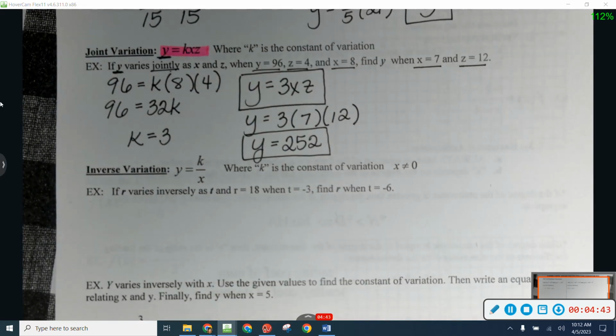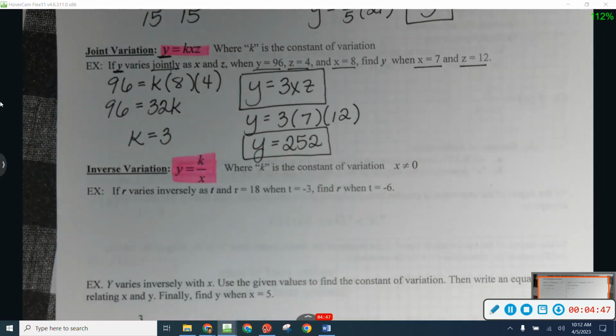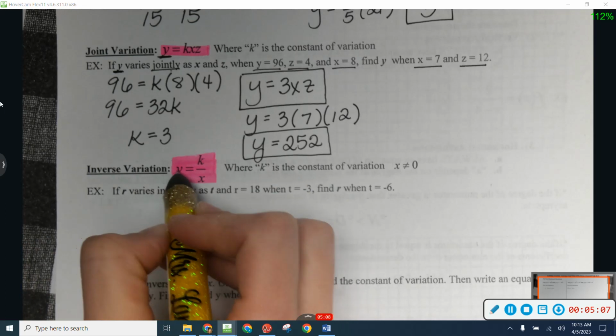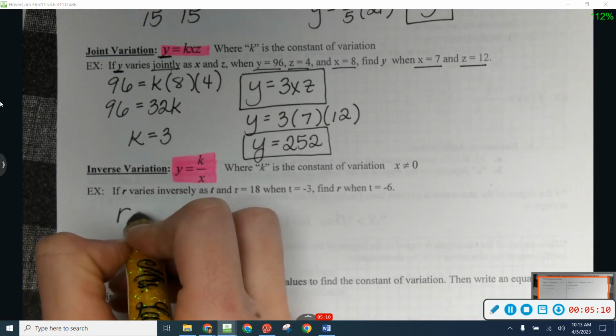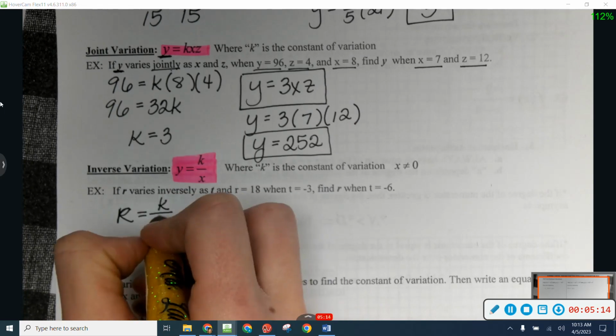Okay, now with inverse variation, y is equal to k divided by x. K is still your constant of variation. X cannot equal 0 because your denominator cannot equal 0. So if r varies inversely as t, and r is equal to 18 when t is equal to negative 3, find r when t is equal to negative 6. This time, instead of y and x, I'm going to have r is equal to k over t.